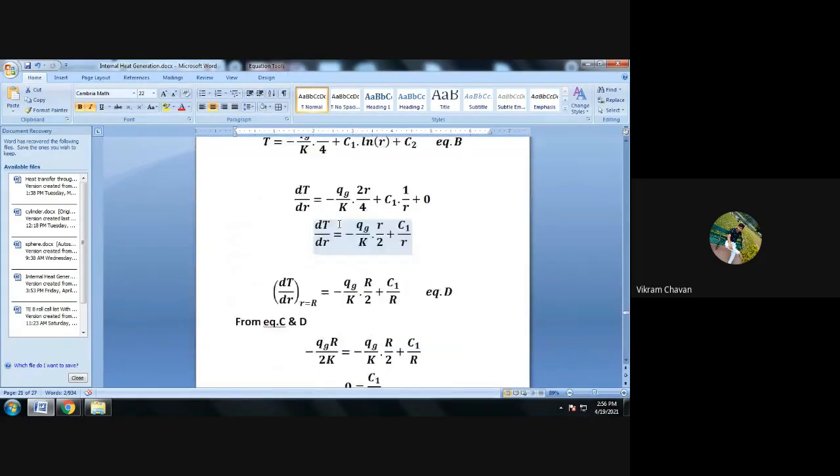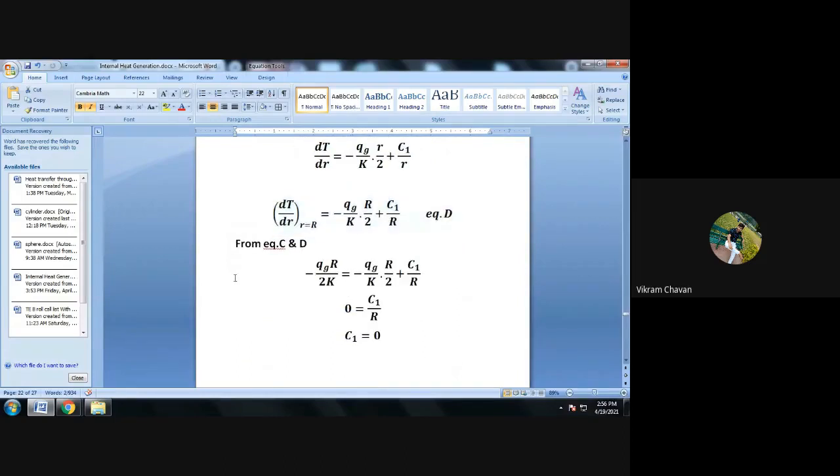So we are equating these two equations, C and D. From equation C, dT divided by dr when small r is equal to capital R, we get minus qg multiplied by R divided by 2k.